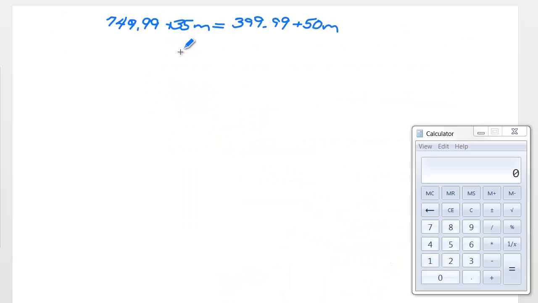All right, let's go back and check our work. So we determined that the solution to this equation was 23 1/3 months, or 70 thirds.